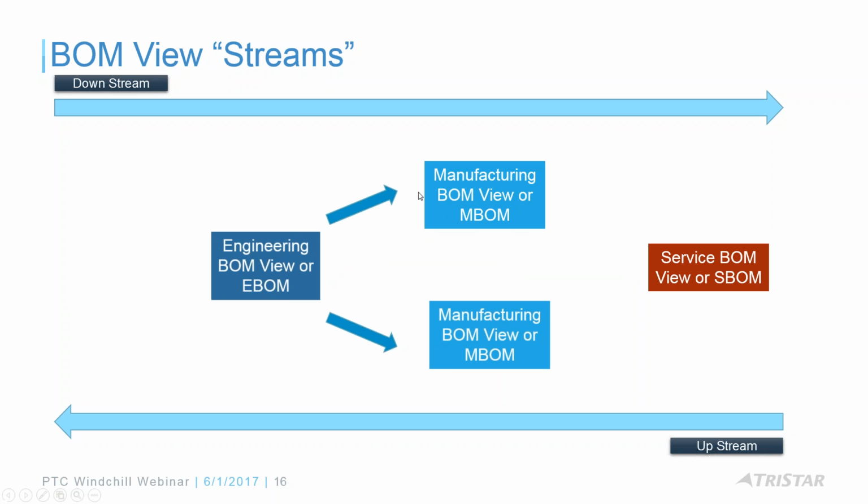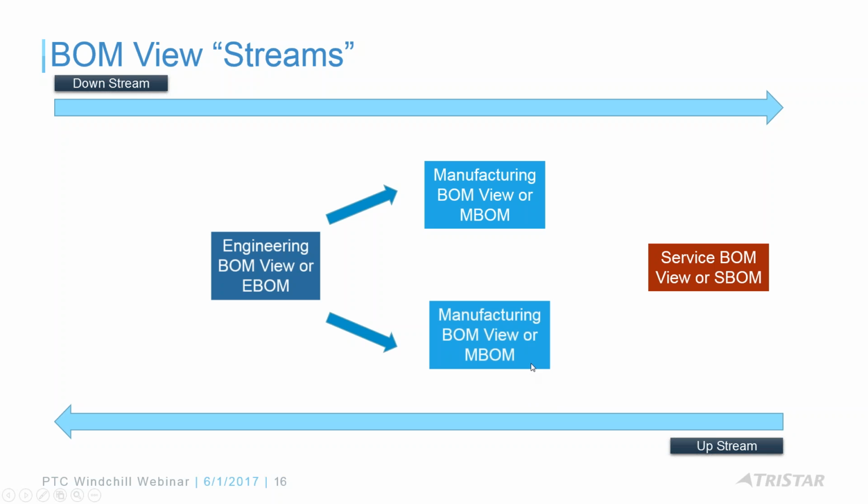The engineering BOM or any of these BOMs can also split out for different manufacturing locations. So I might have a BOM for something that I'm manufacturing in plant 1, which is in one location, but I may also have something that I'm manufacturing in plant 2 in a different location. There may be different parts that I'm sourcing. It may be different manufacturing work cells that I'm using, different equipment, different consumables for that site.